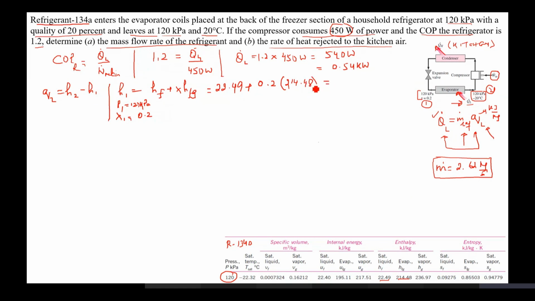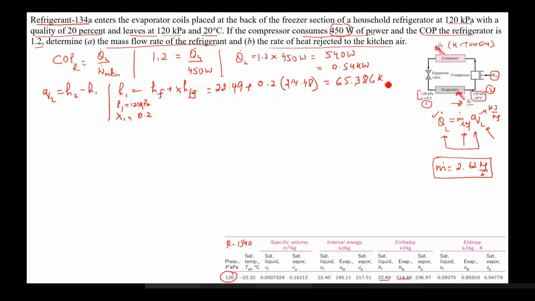So this value comes out to be, can you find out the value for me? 65.386.